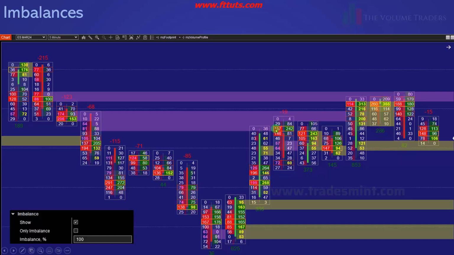So as mentioned on the previous slide, imbalances create great support and resistance levels. On 6B I use 0 imbalances, but here on ES and GC, gold, I use stacked imbalances. If there's an imbalance in just one cluster, in one tick, I don't use it as a key level.